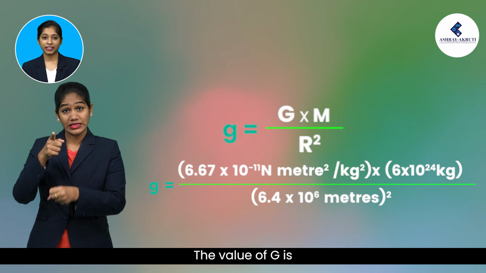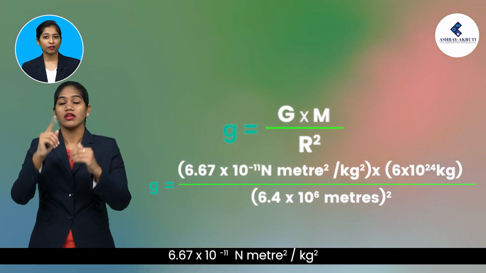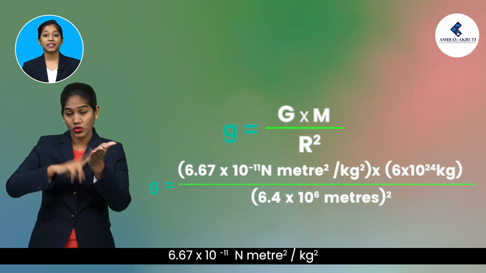The value of G is 6.67 into 10 to the power of minus 11 Newton meter square per kg square.